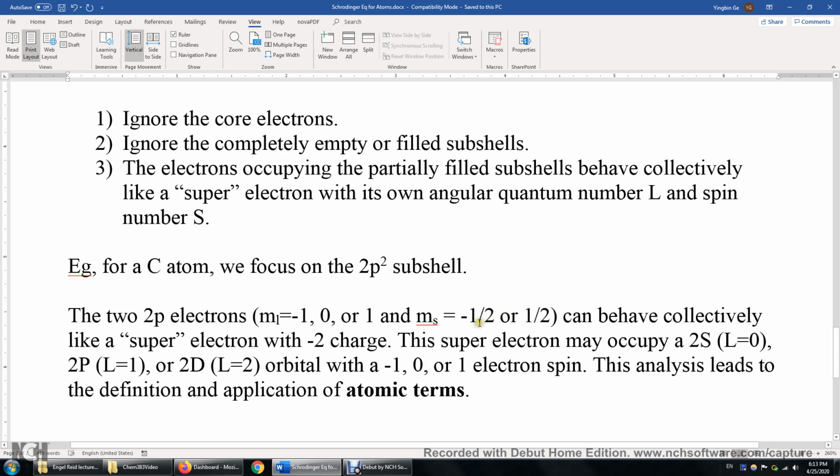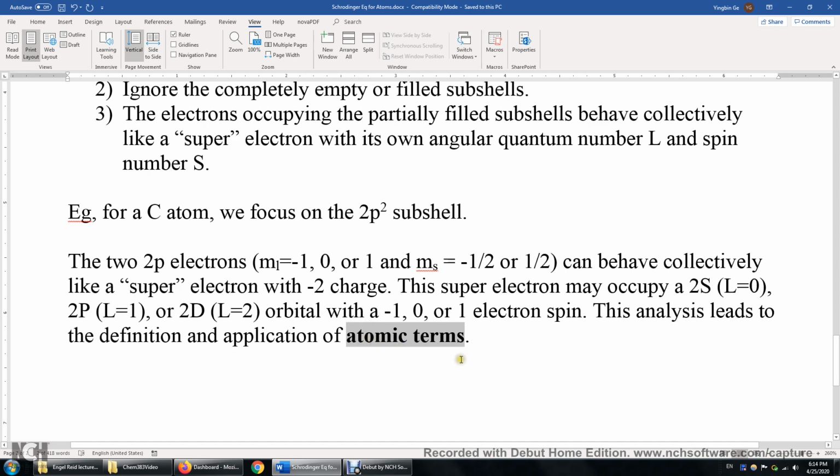But together, if you sum up 2 negative halves, you get -1. If you sum up 2 +1/2, you get 1. And if you sum up -1/2 and +1/2, you get 0. All right, so this kind of analysis leads to a very complex quantum behavior and the definition and application of atomic terms.